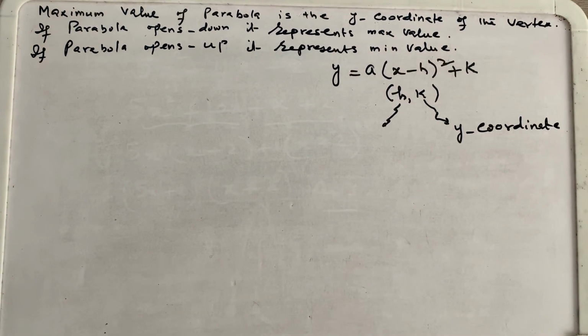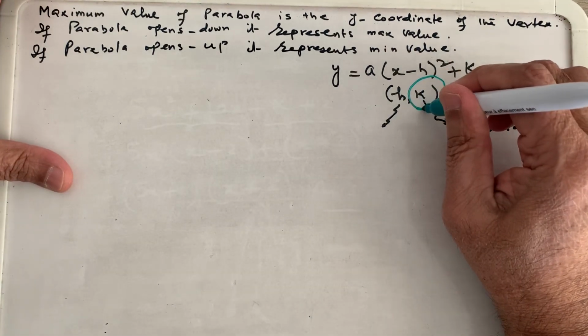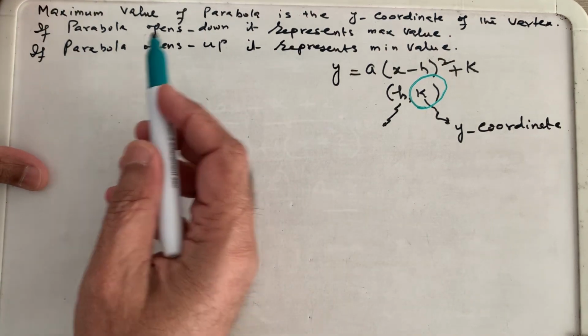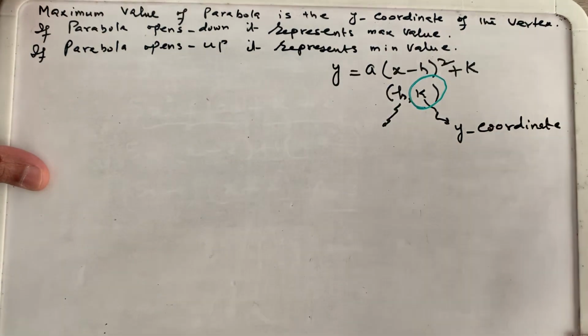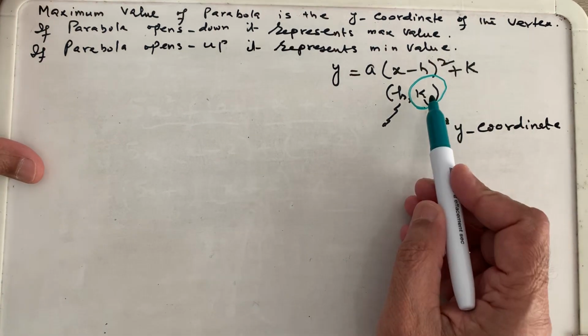In this, y coordinate means k value. Now it's very clear and easy to understand. The maximum value of a parabola is the y coordinate of the vertex. Clear? So the y coordinate is k.